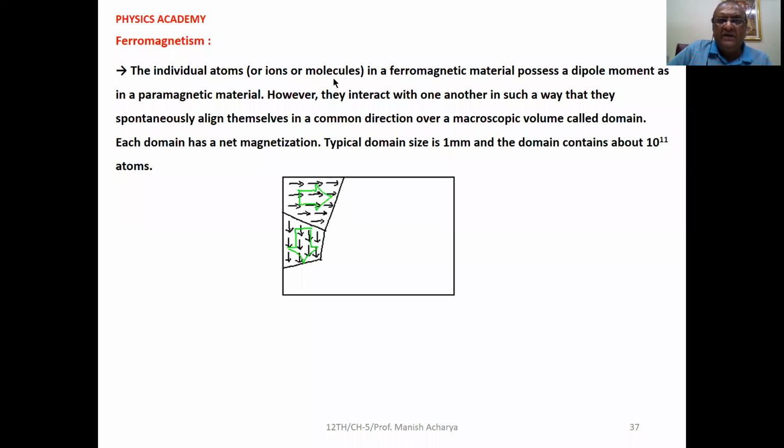Now, ferromagnetism. The individual atoms or ions or molecules in a ferromagnetic material possess a dipole moment as in a paramagnetic material.